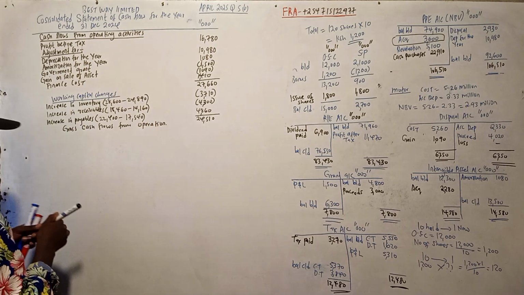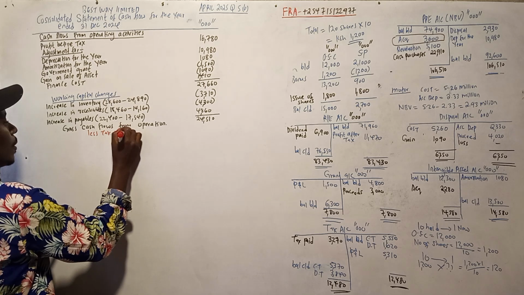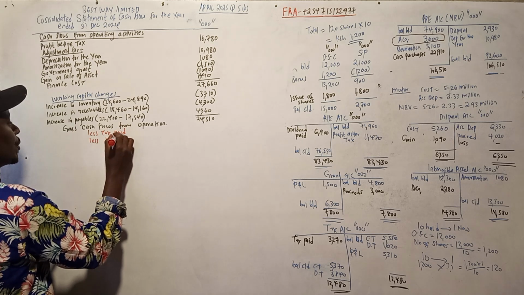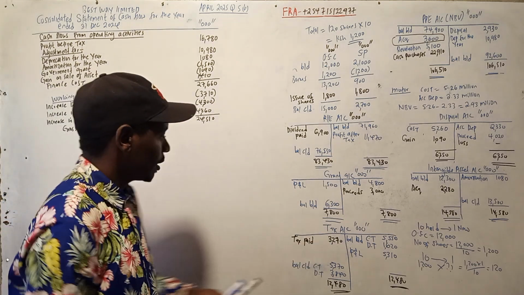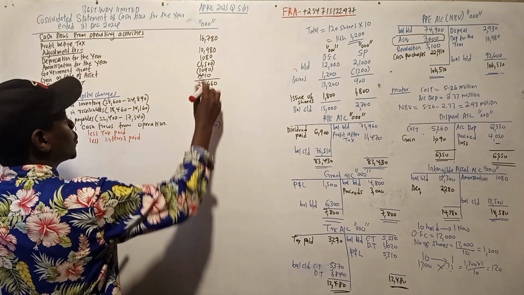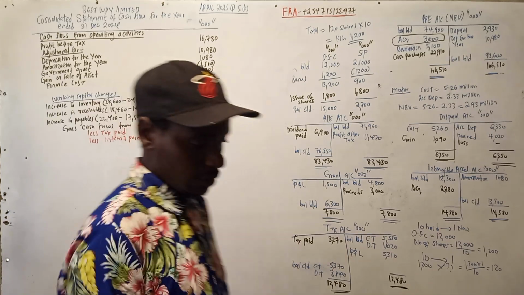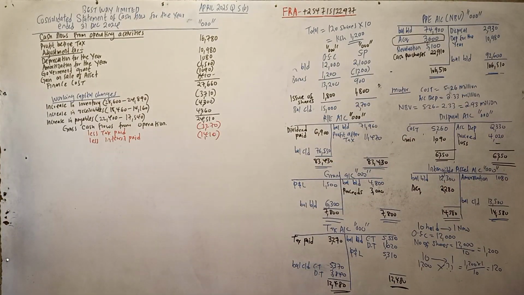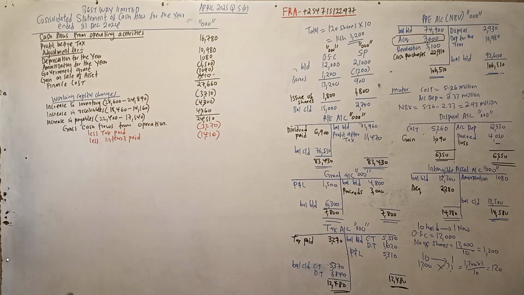Then we are supposed to deduct tax paid, and we also deduct interest paid. The tax paid we have here is 3270. And then the interest was 1410, here it is 1410 on the other side. So let us do that one faster. 24,510 minus 3270 minus 1410.